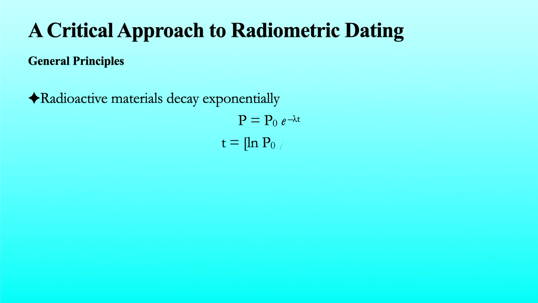Well, if you solve for that, you can get the time as the natural logarithm of the P that was present originally versus the P that you have now, divided by that decay constant. That's the general principle of all radiometric dating.